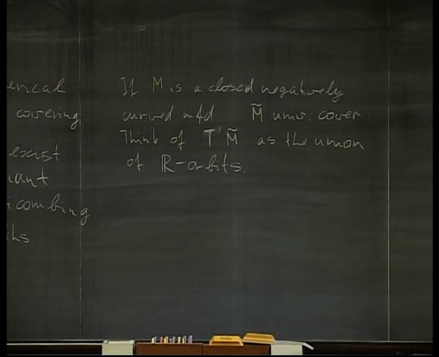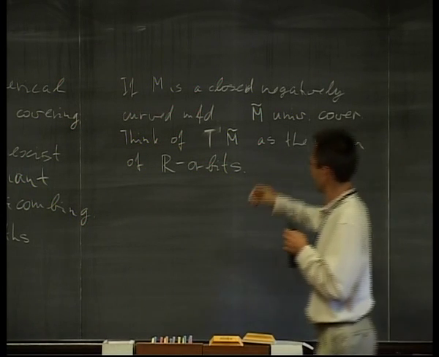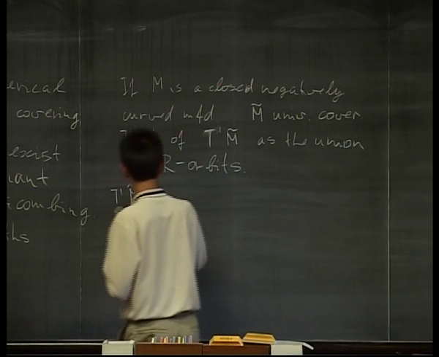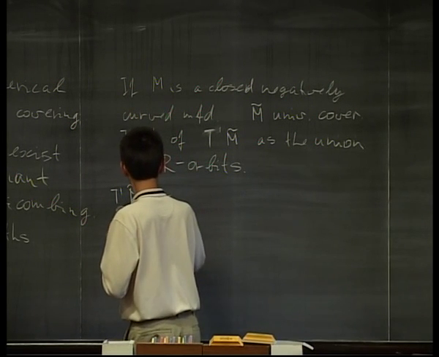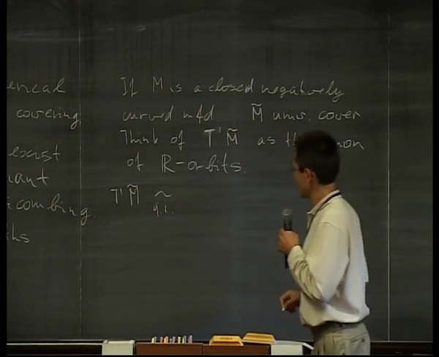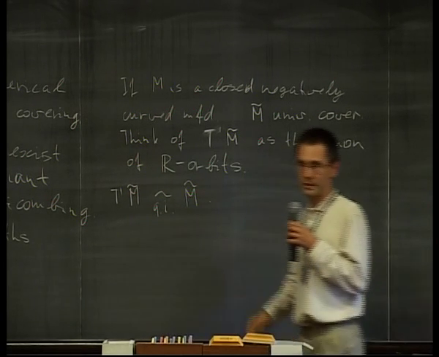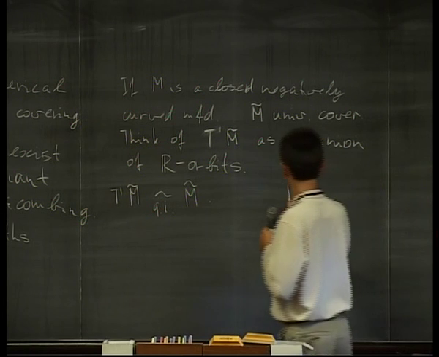From the point of view of rough geometry, T1 of M is quasi-isometric to the original manifold M. There is a quasi-isometry, this projection map.